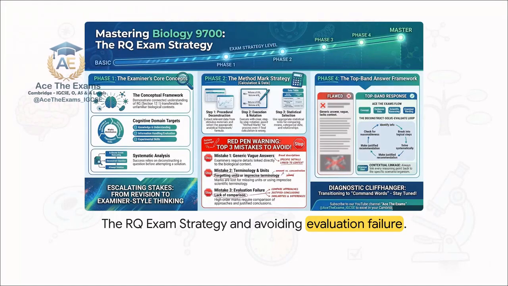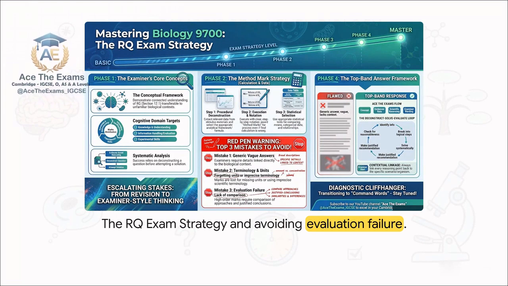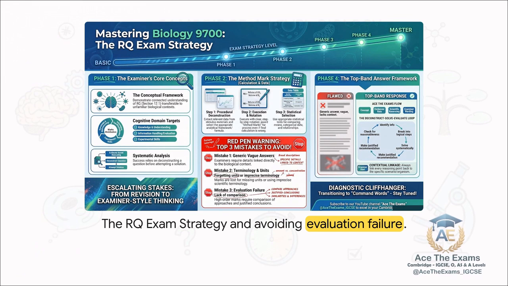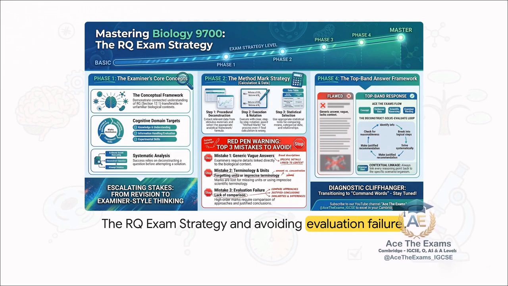Now, what's really interesting about this slide is the red pen warning right in the middle. Mistake 3, evaluation failure. High-mark candidates are literally required to compare approaches and justify their conclusions. When you calculate an RQ value, you can't just leave the number hanging out there on its own. You have to compare it, identify similarities and differences, and evaluate what that actually means for the organism's respiration in that specific given context.